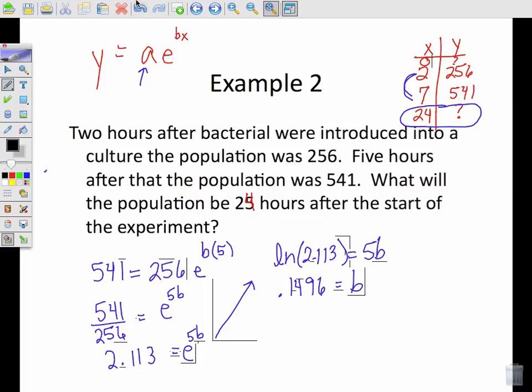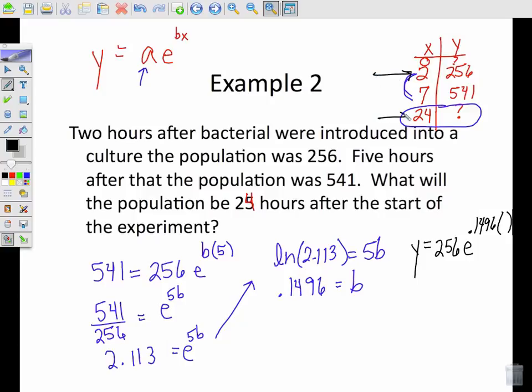What this allows us to do is write an equation so that we can find when it's been 24 hours. My equation would look like this. Y equals initial, which again we don't know the very initial, but we can use the 2 hours, 256, times e to the 0.1496, and the time that I'm going to put in there is, if I'm using 2 hours, and then I want to find when is it 24 hours, the time that has elapsed is 22 hours.